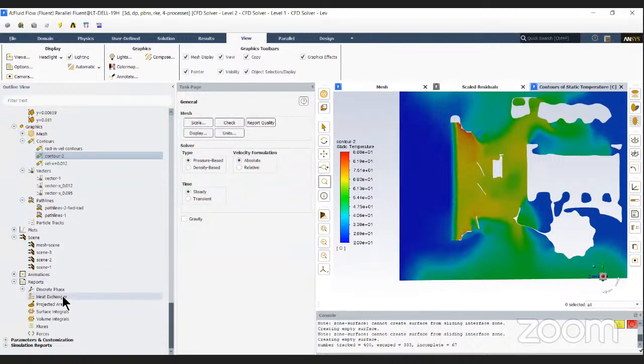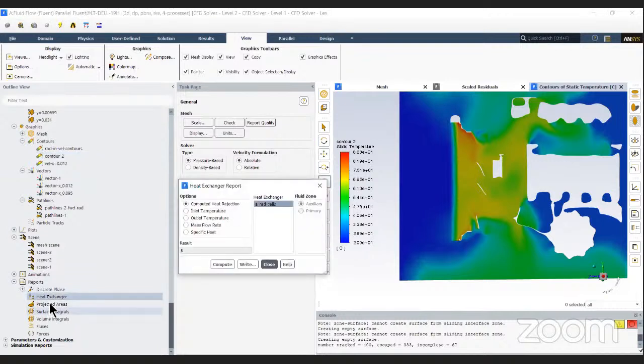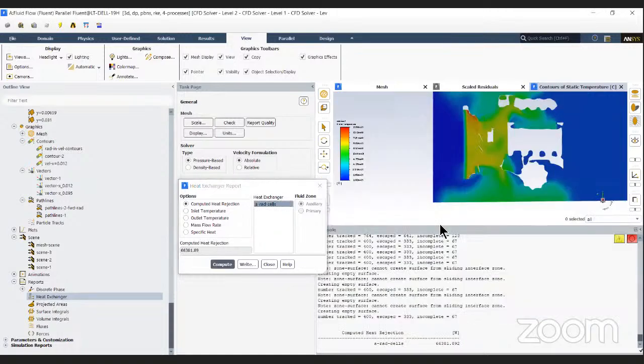You could also look at the heat exchanger report over here at the bottom. And what that does is it allows you to compute the heat rejection from the heat exchanger zone. So for example, after you run the simulation for a couple of iterations, you see that the total heat rejection rate by the radiator is 66 kilowatts.